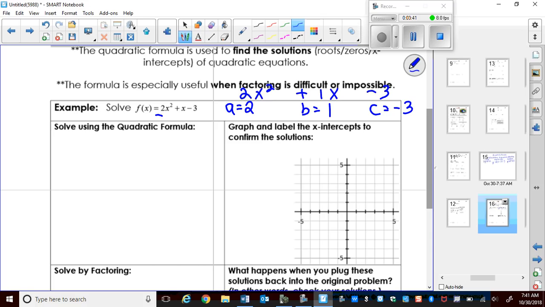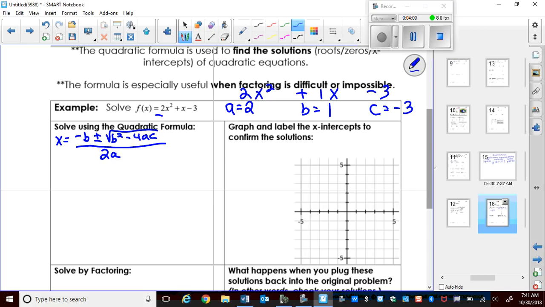So we're going to take the formula. I prefer if you write it out. X equals negative b plus or minus the square root of b squared minus 4ac divided by 2 times a. Okay?